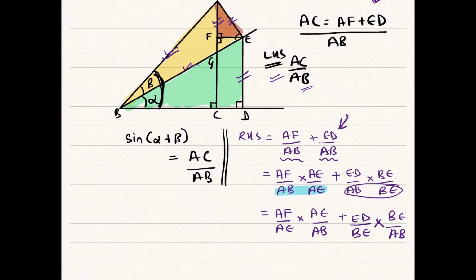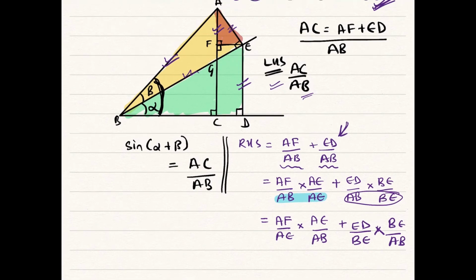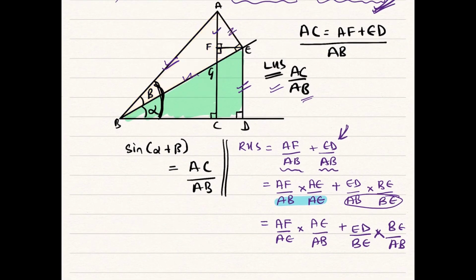Now let's see what significance these ratios of sides play in our diagram. So AF by AE is, let's look at it. Let's just clear our diagram to avoid any confusion. Now it's much clearer. So AF is this side and AE is this side. There doesn't seem to be any significance of this. Now if you see, these two sides are parallel.